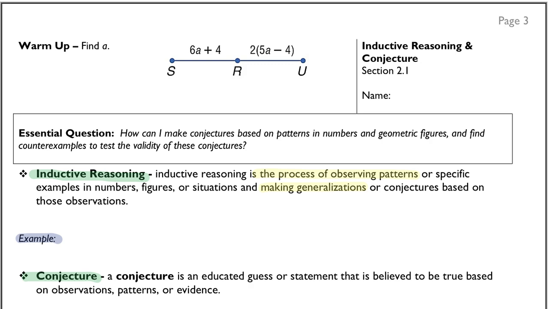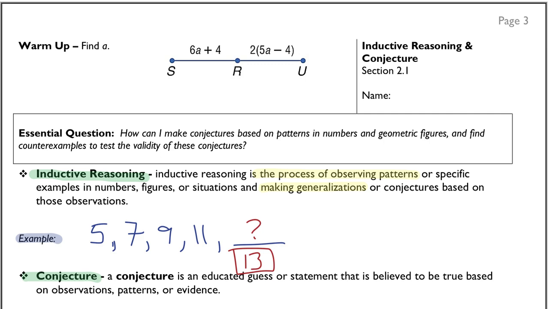For example, if I have the number 5, then 7, then 9, then 11, what would you assume would be the next number? Well, if you said 13, you're probably right. That's a good educated guess or generalization of what will be next.